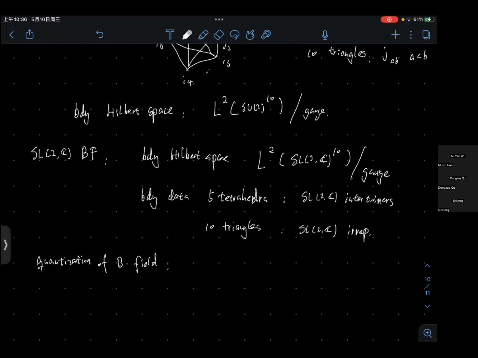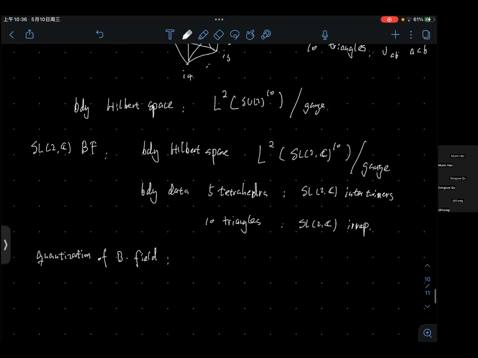So the quantization of the B field is more or less the same as the quantization of holonomy-flux. This is completely borrowed from the usual quantization techniques of quantum gravity. So we are going to discretize the B field.